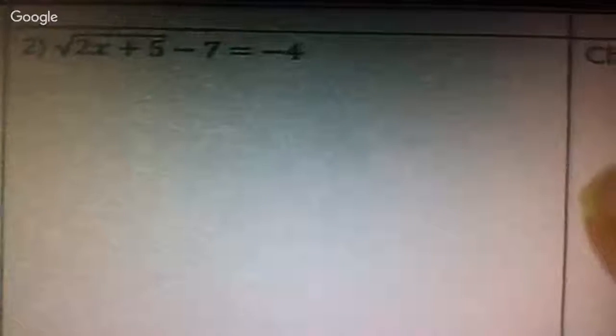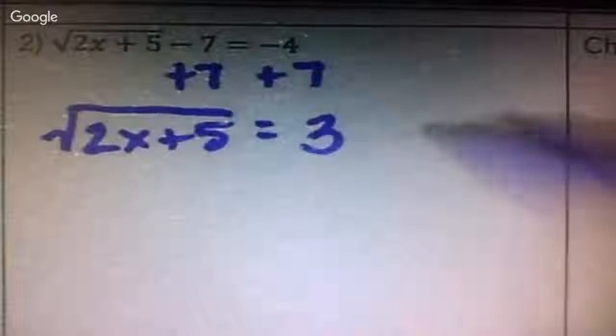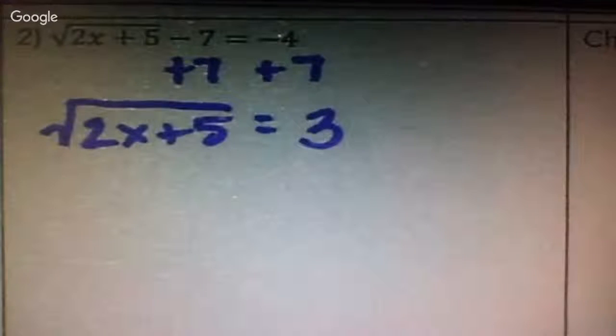Okay? This one. What should step 1 be? Add 7. We've got to isolate. Perfect. So, I get the square root of 2x plus 5 equals. Thank you. Oh, you already squared. They squared both sides. Okay.